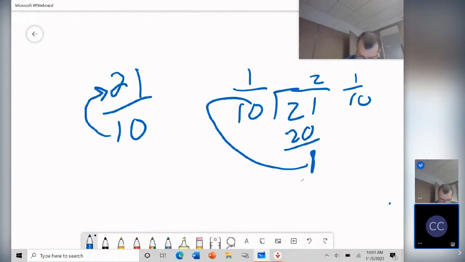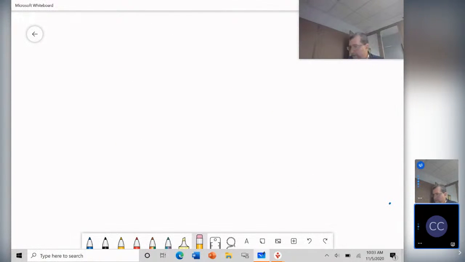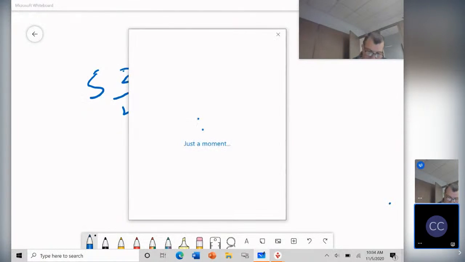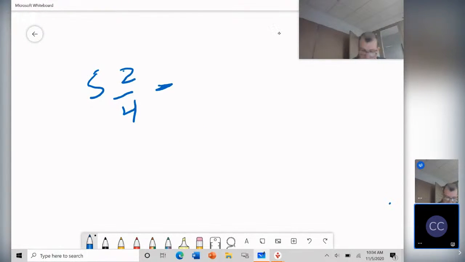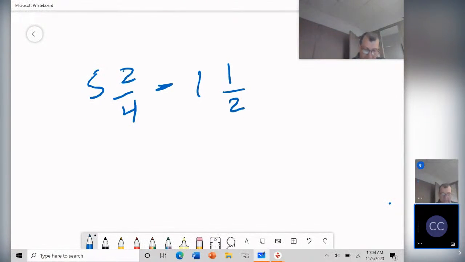Okay. So what we're going to do now is kind of the reverse of that. Because, for example, say you get a subtraction where you have 5 and 2/4 minus 1 and 1/2.